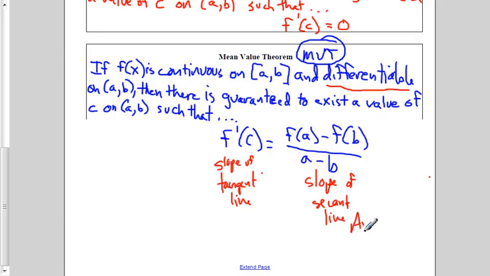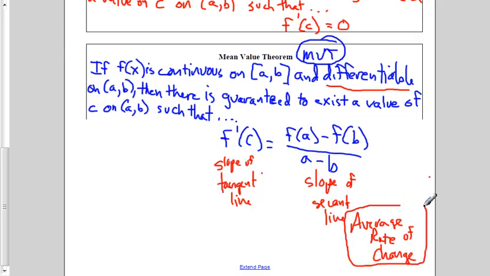Okay, and as we stated before, back in day 40 notes, this is the average rate of change, secant line. Again, we think of mean, think of average, and this is the instantaneous rate of change. And that's the slope of the tangent line.